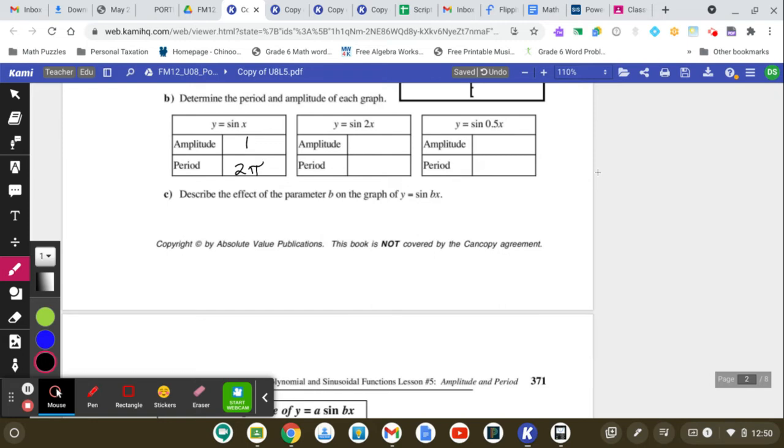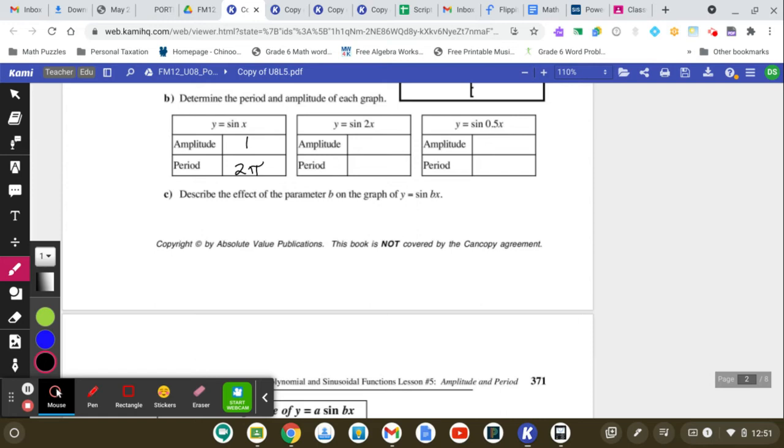Okay. Let's go to the next box. The next box says y equals sine 2x. So in y equals sine of 2x, is the amplitude still 1? Yes, because it's the number in the front of the sine that affects the amplitude, and that number hasn't changed.